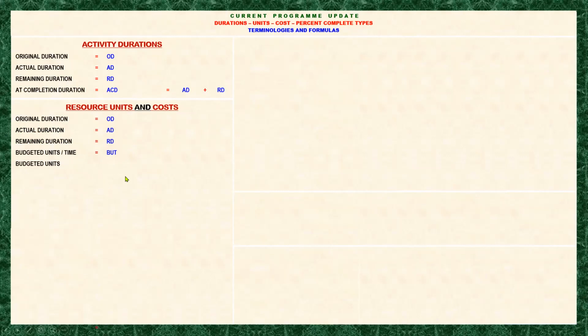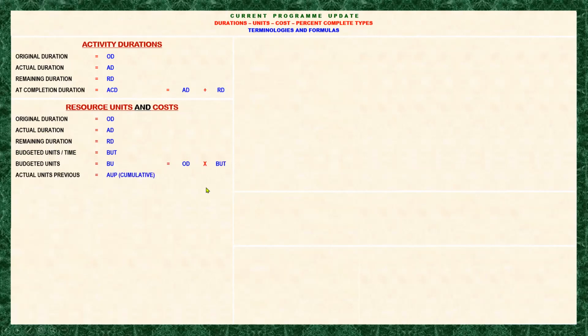That is your estimate, for example, 2 carpenters per day. And we have here the budgeted units. Of course, you have the original duration multiplied by the budgeted units per time.